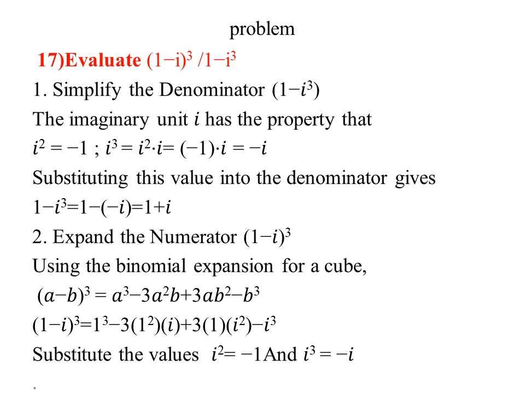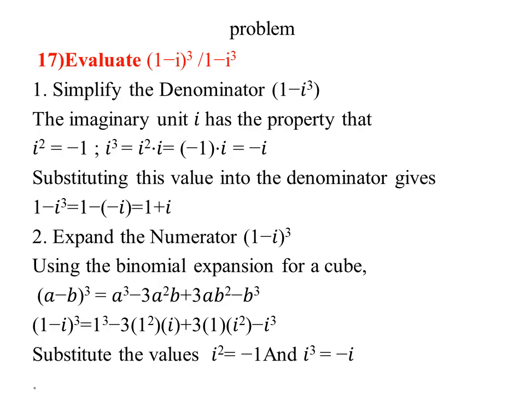Second, we expand the numerator. (1 minus i) whole cube is equal to, using the binomial expansion for cube, that is (a minus b) whole cube is equal to a cube minus 3a square b plus 3ab square minus b cube.